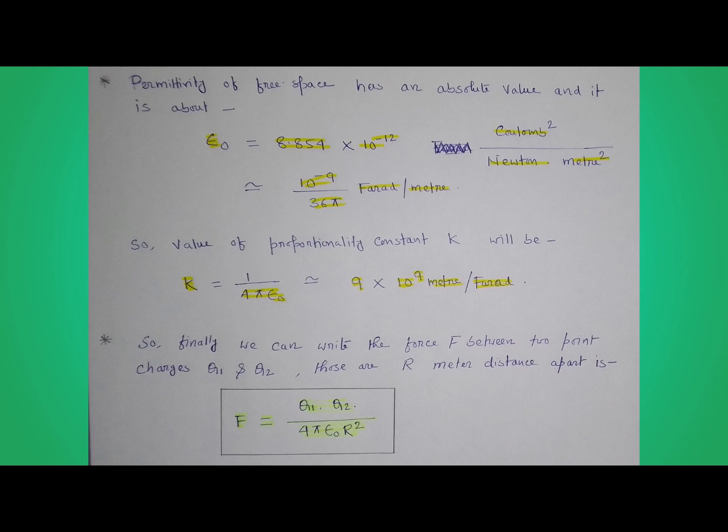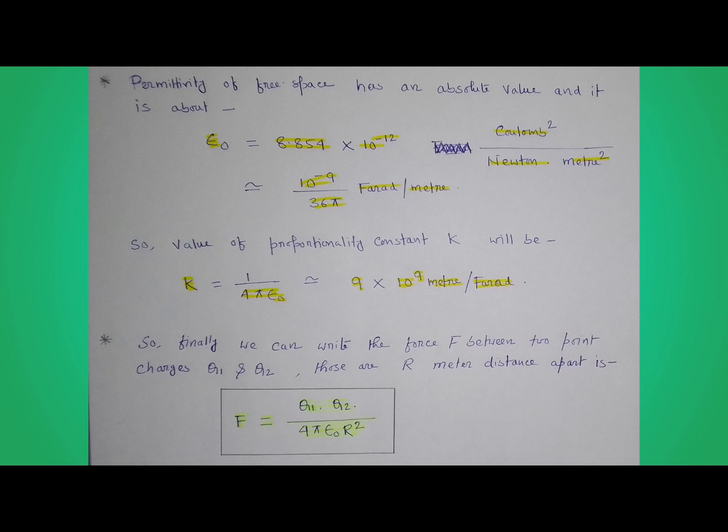That is equivalent to 10 to the power minus 9 by 36 pi farad per meter. So the value of the proportionality constant K will be K equal to 1 by 4 pi epsilon 0. Equivalently, we can write it as 9 into 10 to the power 9 meter per farad.